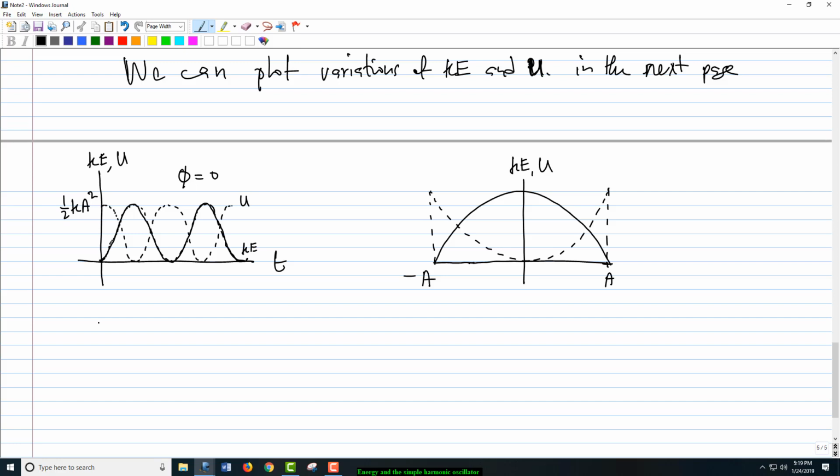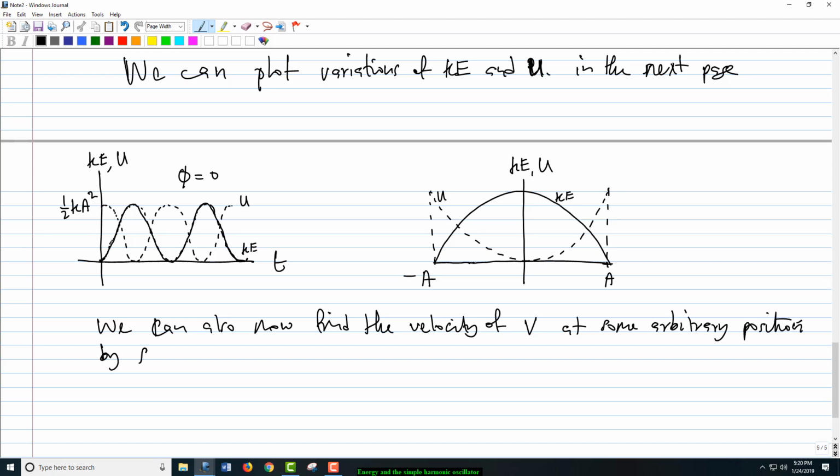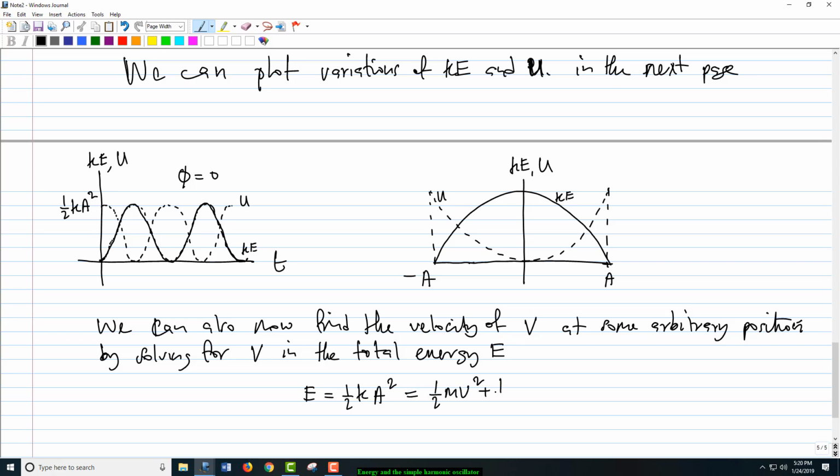So we can also get a velocity v at some arbitrary position by solving for v in the total energy. We had our total energy E equal to half k A squared, and this can be written as half m v squared plus half k x squared.